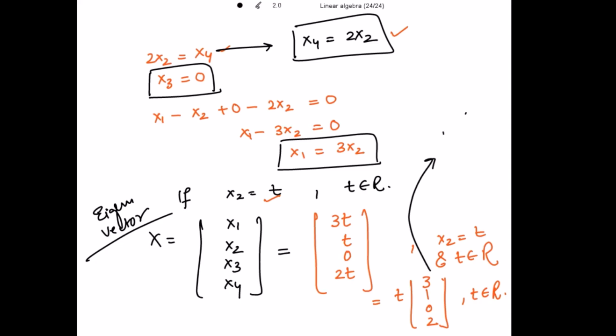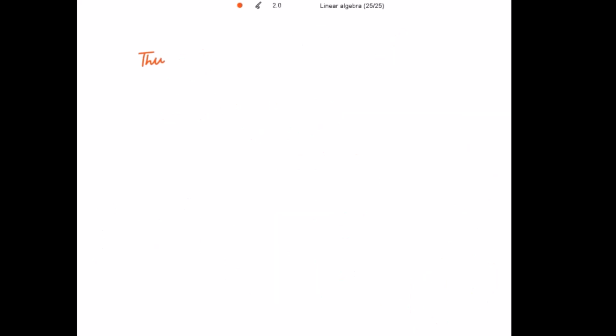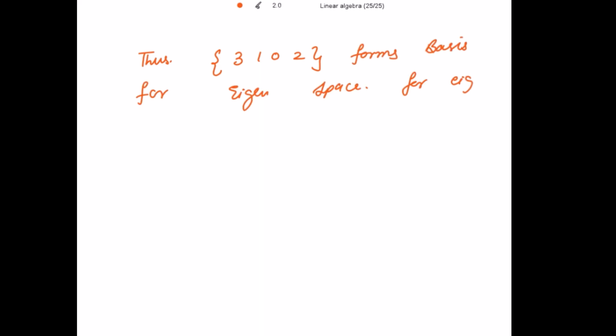So this represents the basis for the eigenspace for eigenvalue equal to 2. Thus the vector (3, 1, 0, 2) forms the basis for the eigenspace for eigenvalue equal to 2. Alright, thank you, stay blessed.